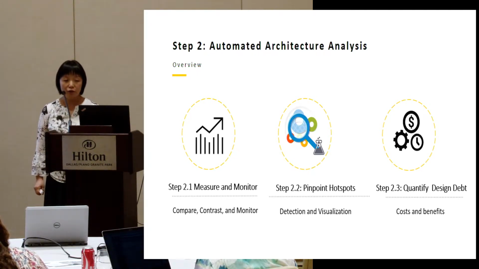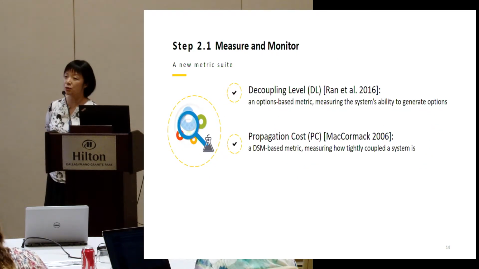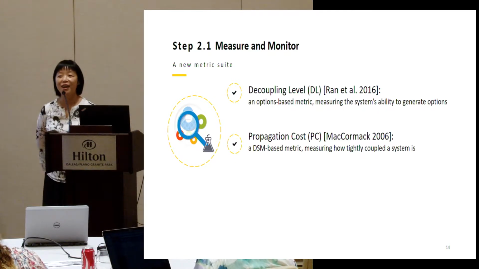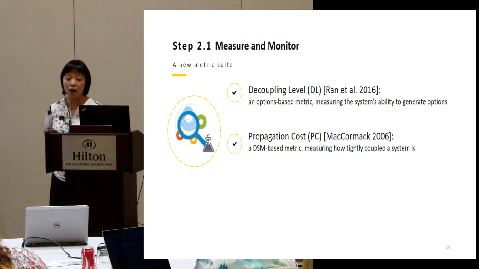Okay, first of all, I want to introduce our new metric suite. Decoupling level is a new metric we proposed in 2016. Okay, just 2 years ago, published in ICSE. And the rationale, we only have time to talk about the rationale of this metric, is to measure how loosely coupled source code is.